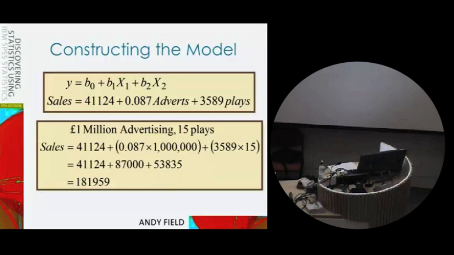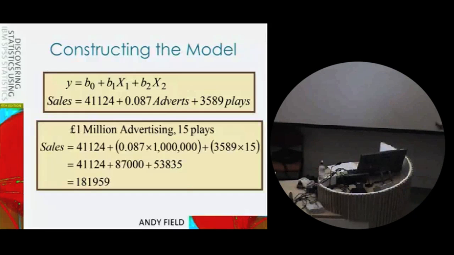Similarly, beta 1, that was the parameter estimate for the relationship between advertising and album sales. So we can replace beta 1 with the value out of the SPSS table. And similarly, with plays on radio, we can take beta 2 out of the SPSS table, and that value was 3,589.